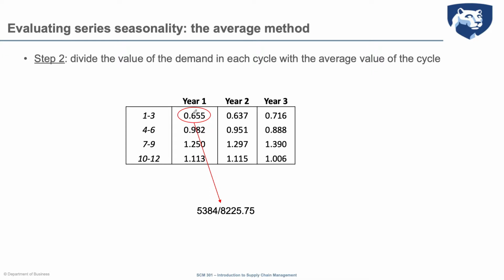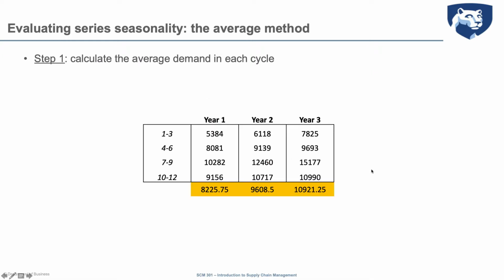What does it mean? It means that in this period the demand was only 65% of the average. Here the demand was higher than the average because it was 1.25 times the average. Here, instead, it was near the average of year 3, which makes sense.